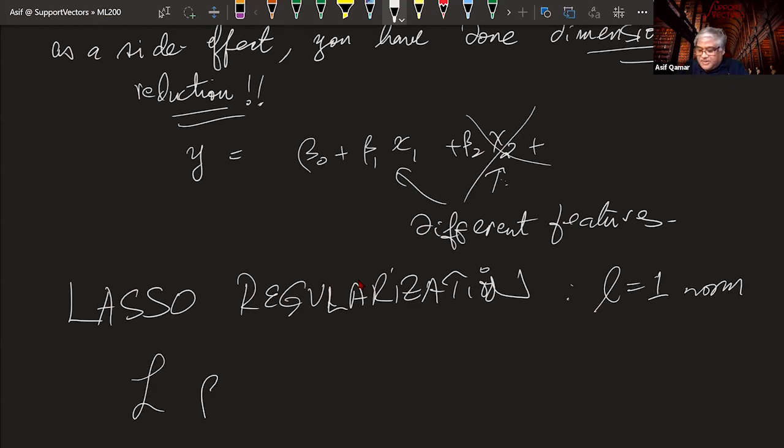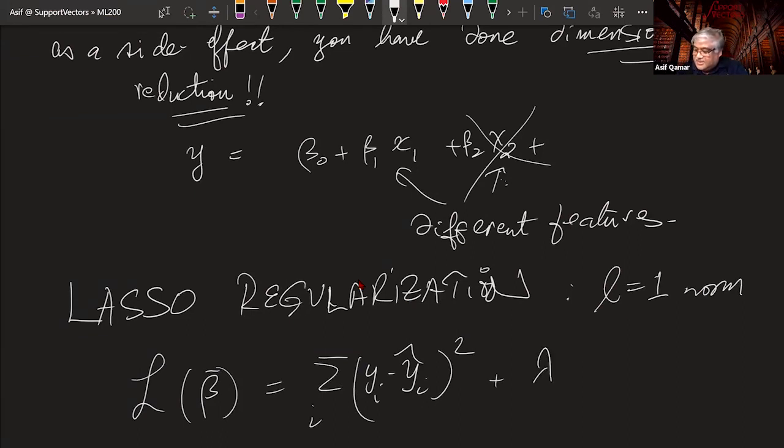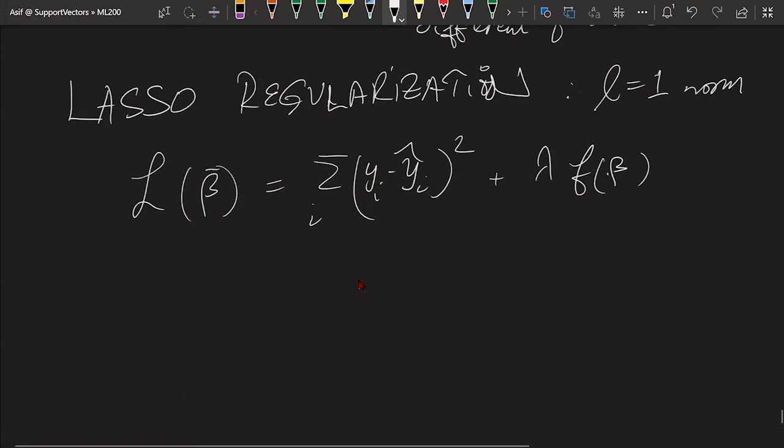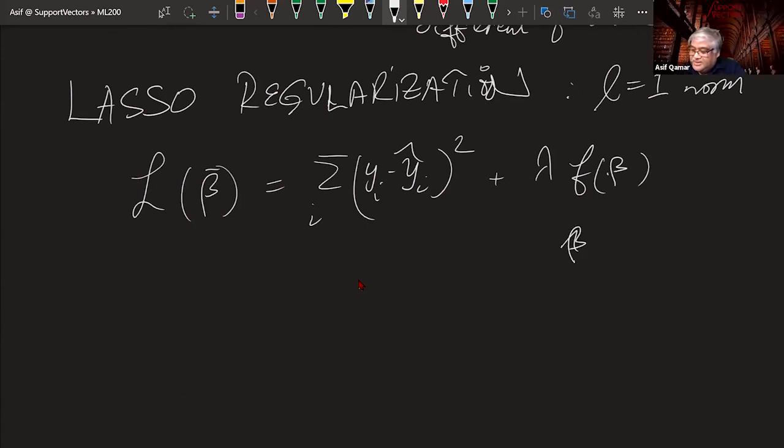And so your function is y minus y hat squared, summed over i, plus lambda times, remember, the unit circle is defined as beta naught absolute value plus beta 1 absolute value plus beta 2 absolute value, and so on and so forth, right?